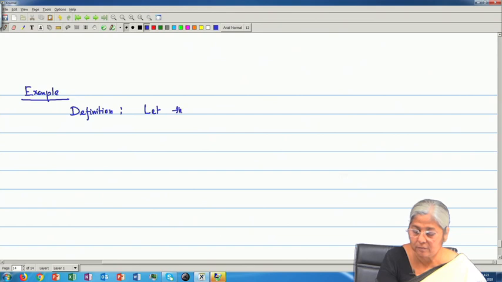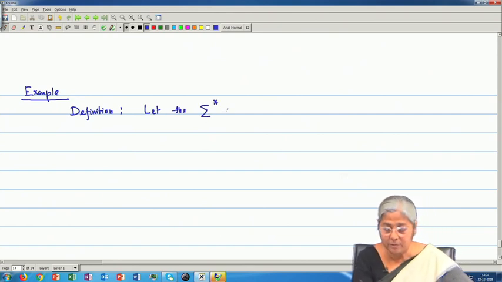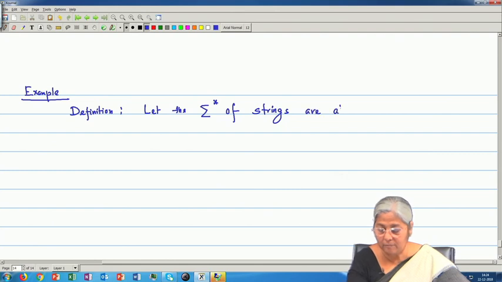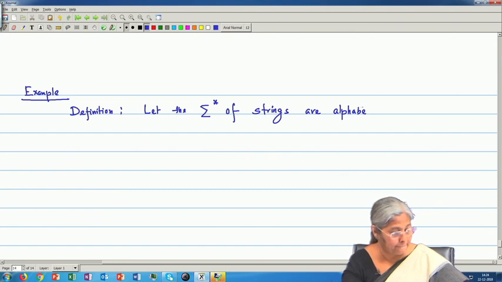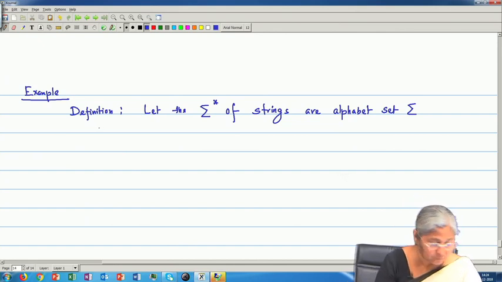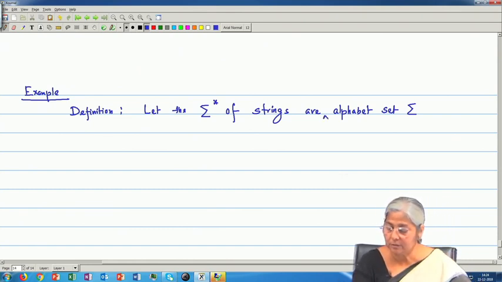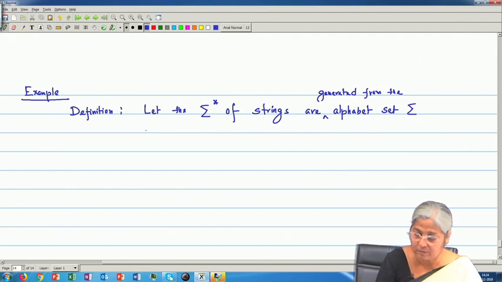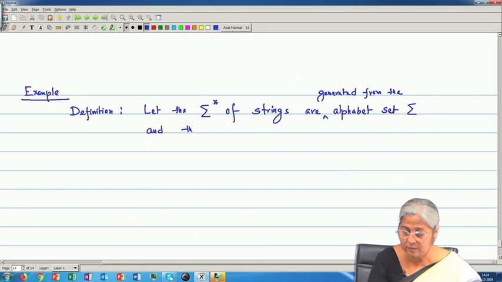Let sigma star be the set of strings over the alphabet set sigma, and they are generated from the alphabet set, and they can be defined recursively as follows.